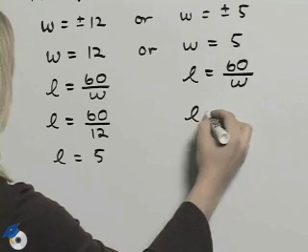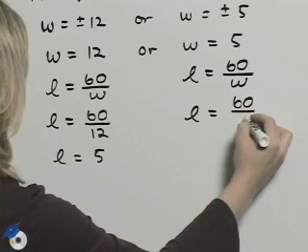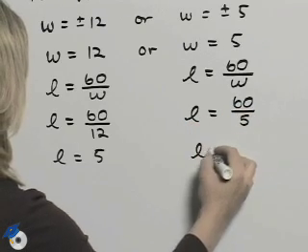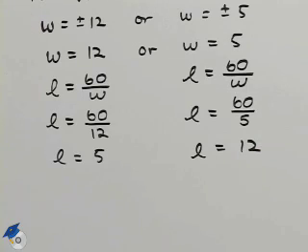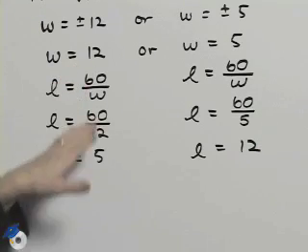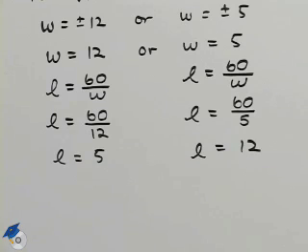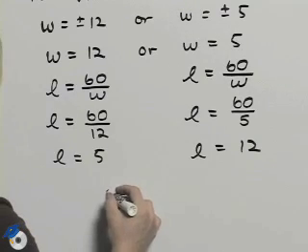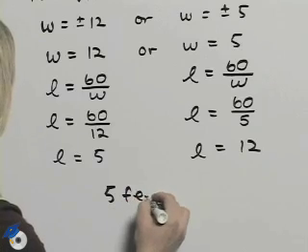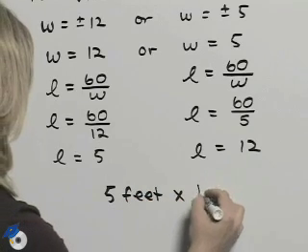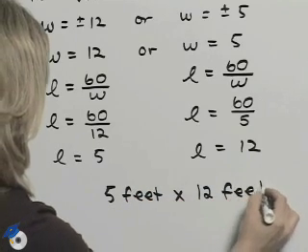We will have length equal to 60 divided by 5, which happens to be 12. So when the width is 12, the length is 5, and when the width is 5, the length is 12. We can take either answer because it represents the same thing. We were asked to give the dimensions of the truck bed, so we know that the dimensions are 5 feet by 12 feet.